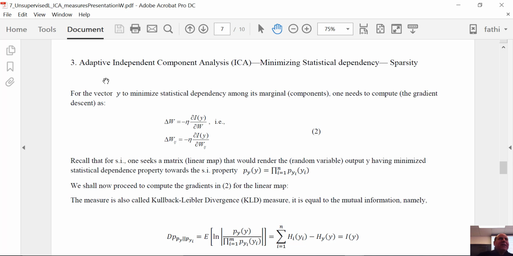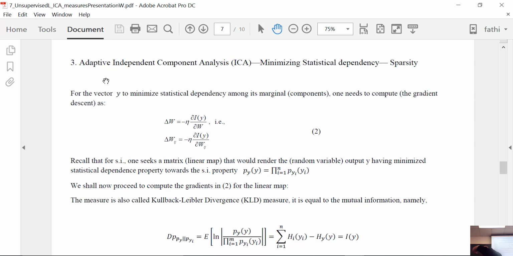So one property that we have here is that if we force the outputs, the only guidance we have, to possess or attain densities that are Laplacian, then point one, we're going to have sparsity, which is equivalent in this case to statistical independence. So if the marginal densities become statistically independent, far away from Gaussian, they're going to be guided towards becoming Laplacian in this case, and they will become statistically independent.